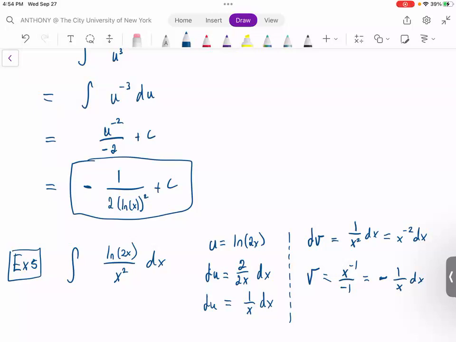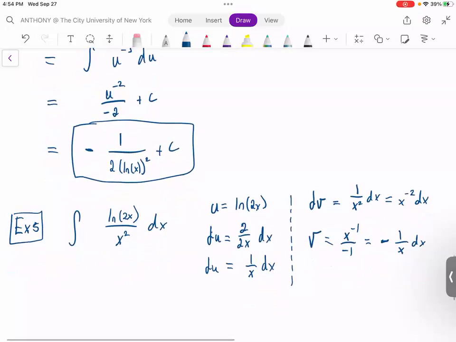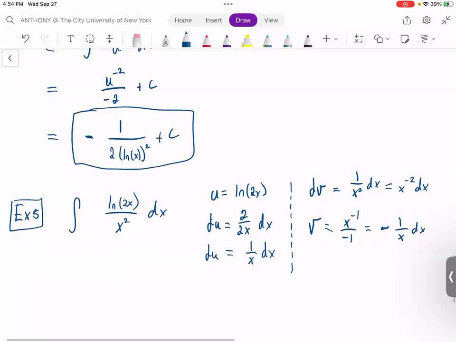Okay, so I'll show you how it works now. So what we have is u times v. Therefore, I can say negative ln of 2x over x, right? Because ln of 2x times 1 is just ln of 2x, but because there's a negative in front of it, I stick the negative in front, and we're going to divide by x.